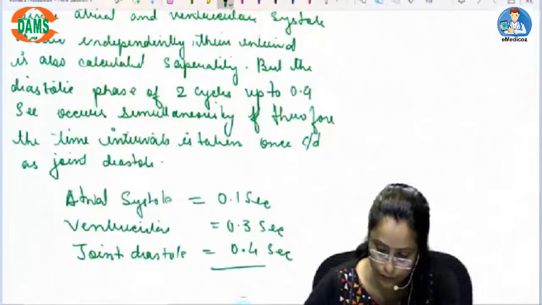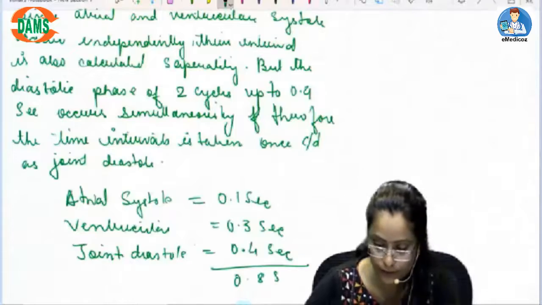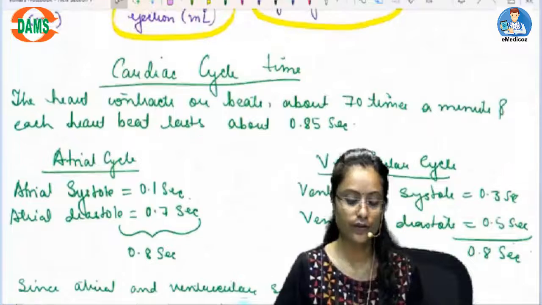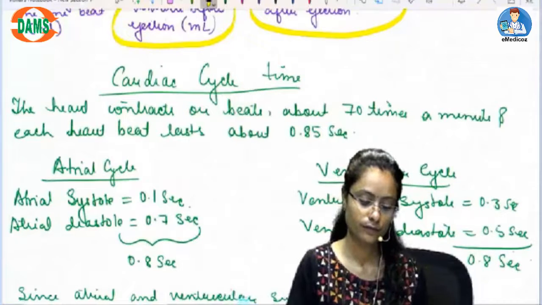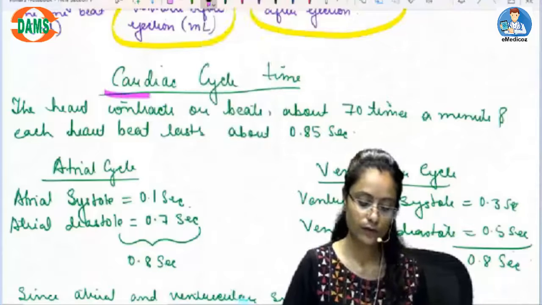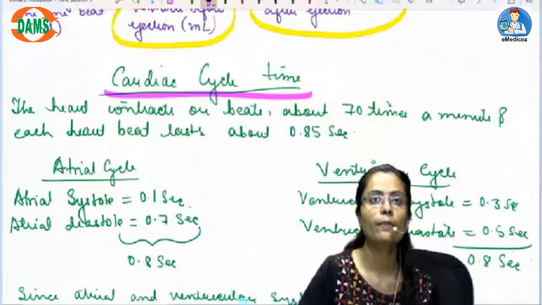So it's completely 0.8 second. So here we can see this is the cardiac cycle time.